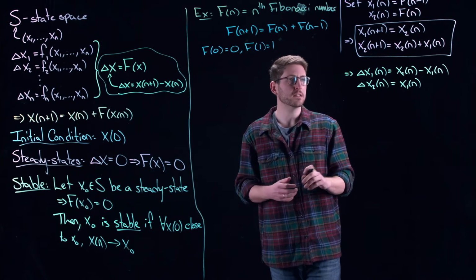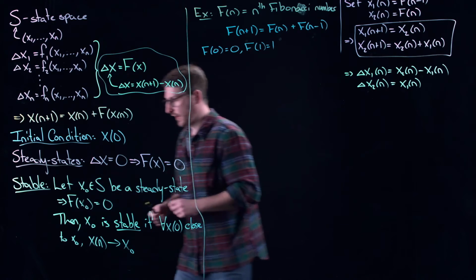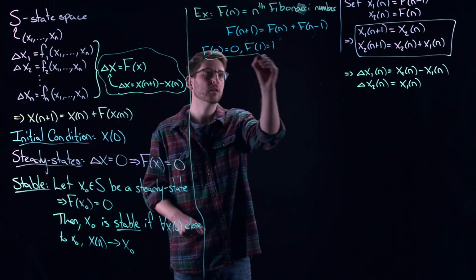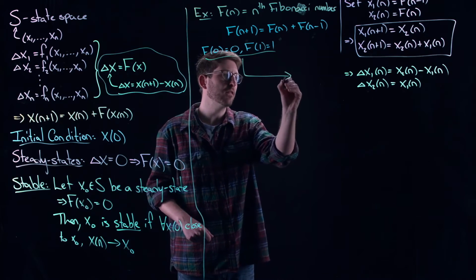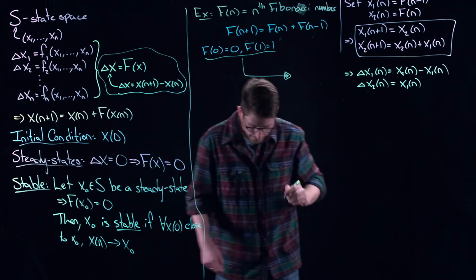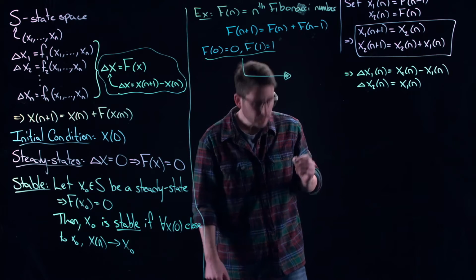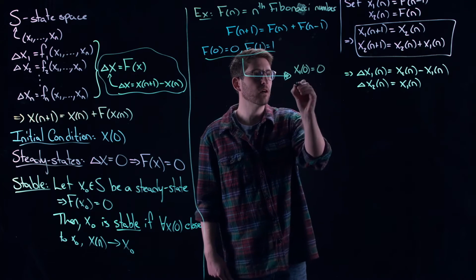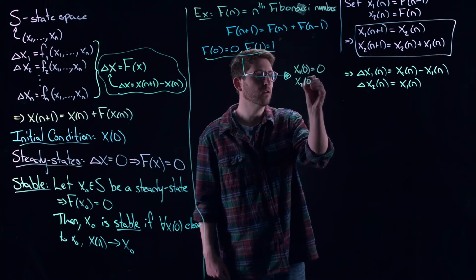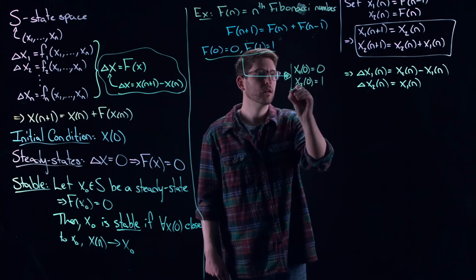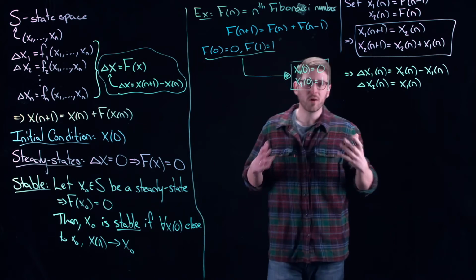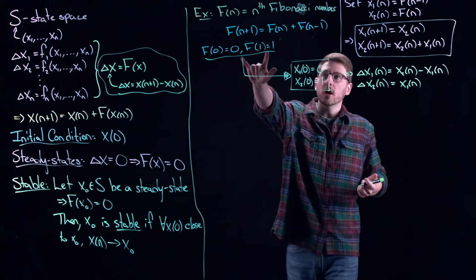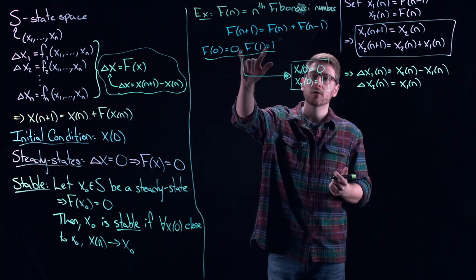The other piece of this is your initial conditions, right? So you can actually use these initial conditions right here, and let's see how they feed in. I actually get that x1 of 0 is equal to 0 and x2 of 0 is equal to 1. But if you wanted to make up your own Fibonacci sequence, you could just start with any values that aren't 0 and 1.